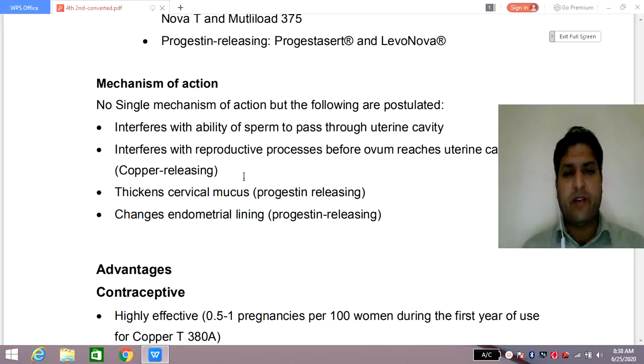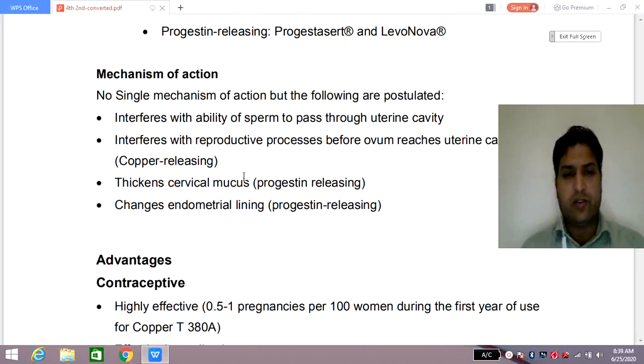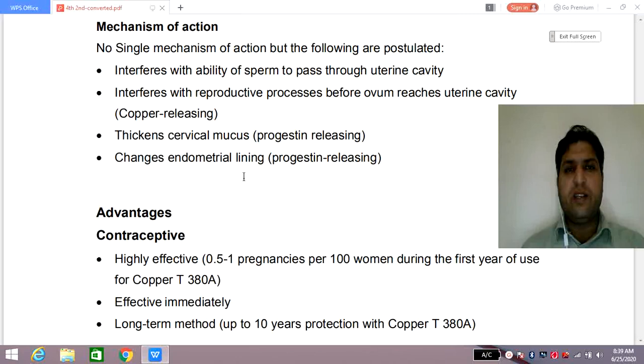Thicken the cervical mucus, that is due to the progestin. Change the endometrium lining, which we have discussed in more detail. So these are specially designed devices, and they have to be kept in that particular area.